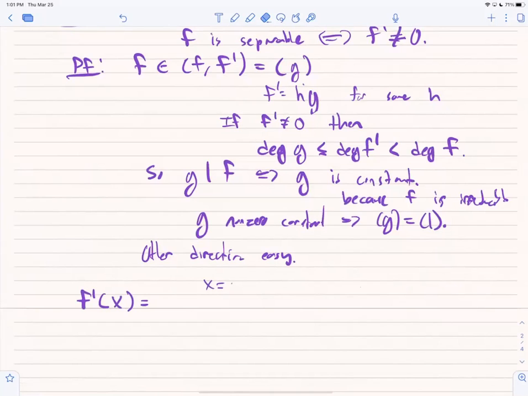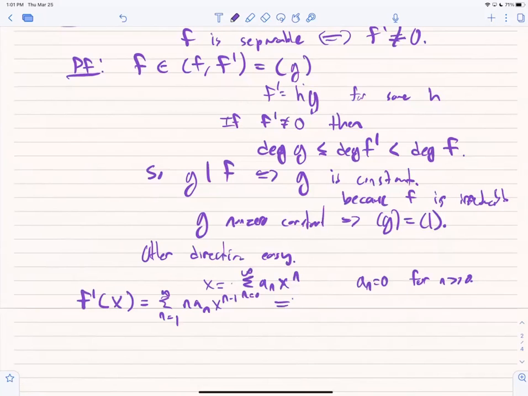Let's write F of x as the sum from n equals 0 to infinity of a_n x^n, with the convention that after some n, these are all 0. So F prime of x is then just the sum from n equals 1 to infinity of n times a_n times x^(n-1).